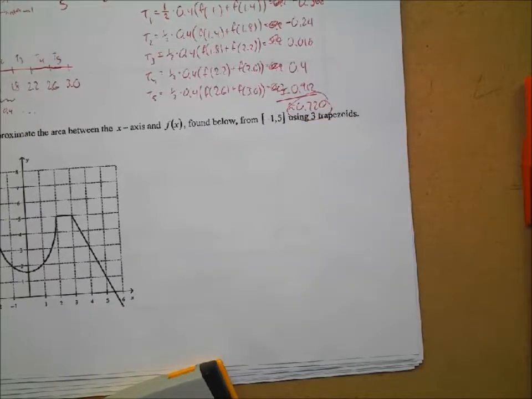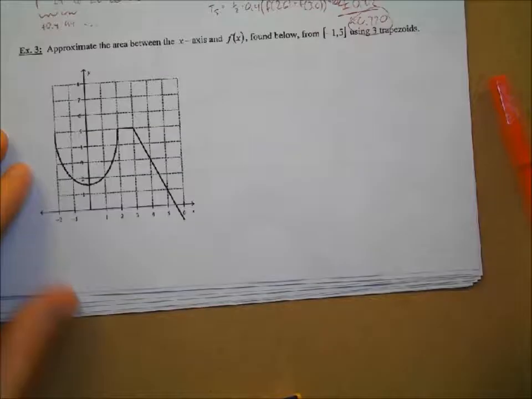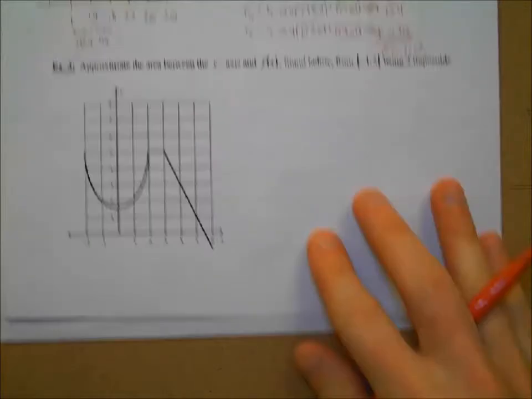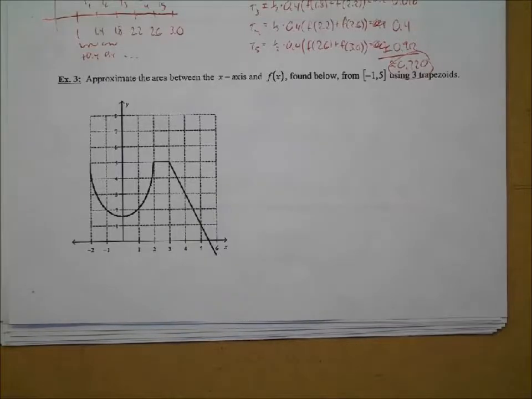All right, so unfortunately, for the next problem we're not going to be able to practice what I just showed you. Anyway, example 3. Now we're finally going to move on after that nice long pause. We're going to approximate the area between the x-axis and f of x found below, from -1 to 5, using 3 trapezoids.